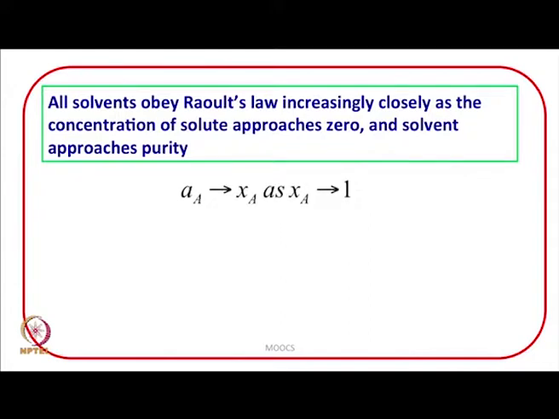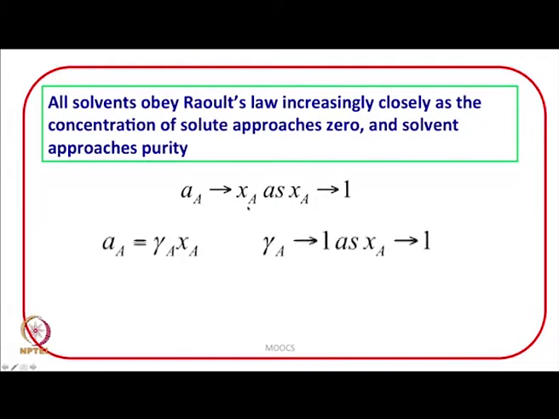That means the activity will approach the mole fraction when the mole fraction approaches a value of unity for the solvent. How to interpret this? When XA approaches 1, meaning when the solvent approaches purity, then you can replace activity by mole fraction.